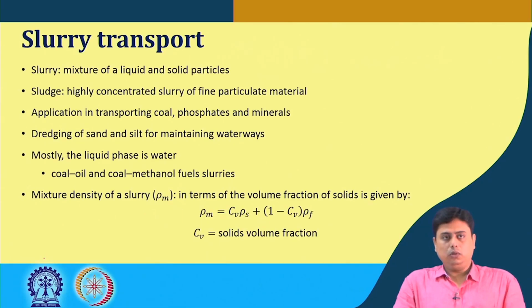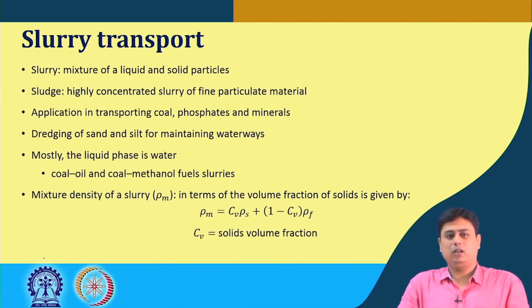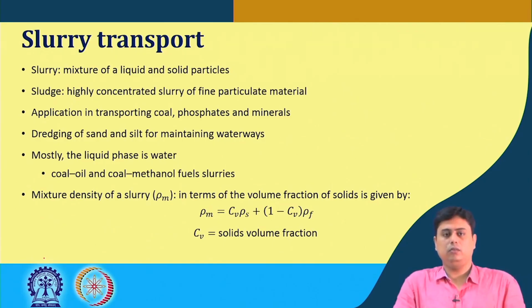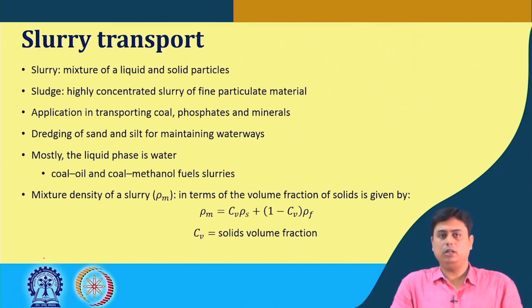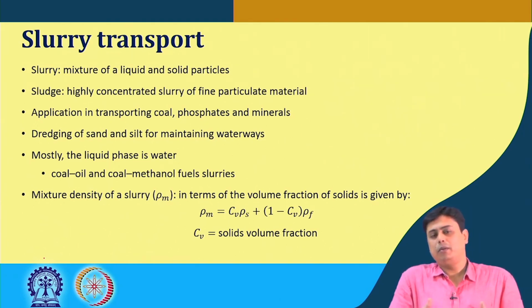So in slurry transport, the slurry is a mixture of the liquid and the solid particles, and this is the broad definition of a slurry. And when this is highly concentrated with fine particulate materials, this slurry we call sludge.